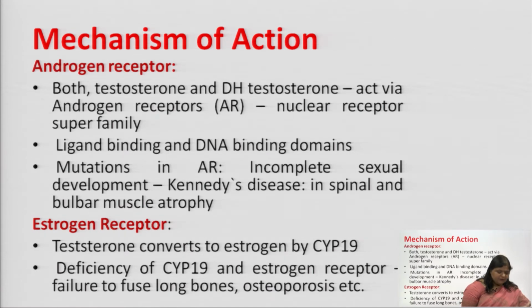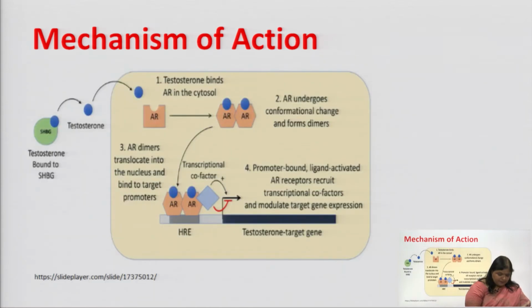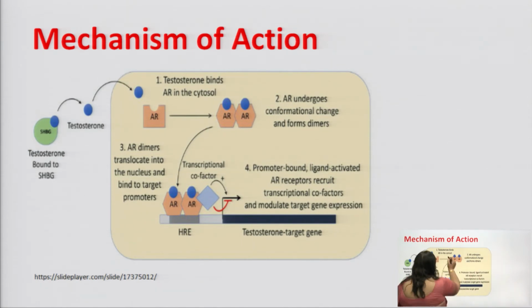Now when the drug binds to the androgenic receptor, there is a conformational change. We can see it here. It binds to the androgenic receptor here. Then it undergoes conformational change and forms a dimer.